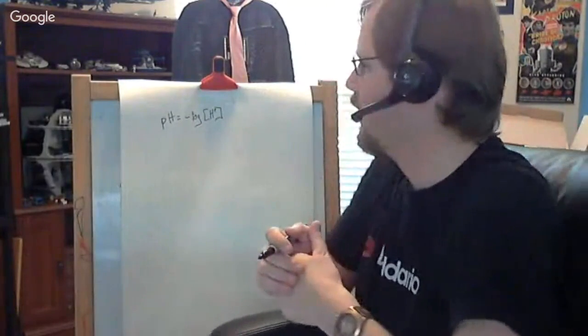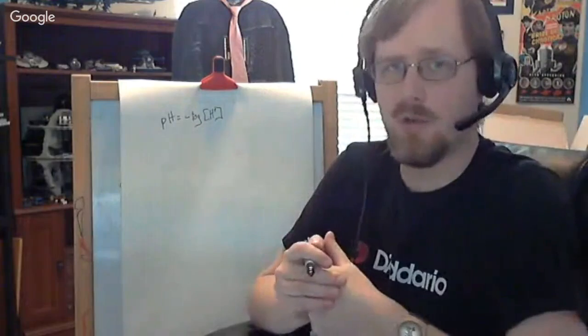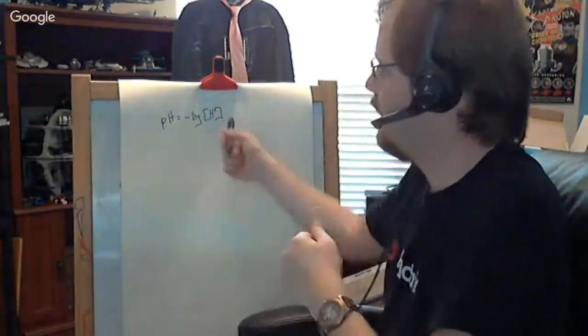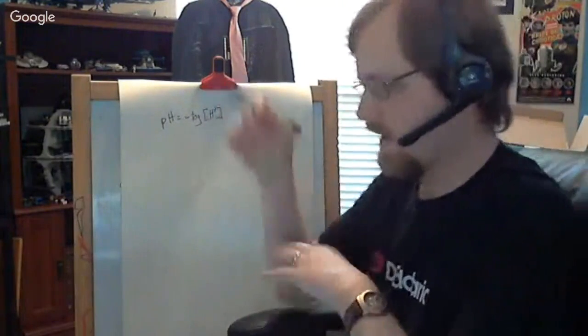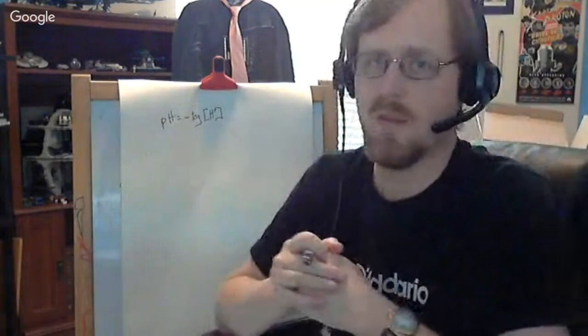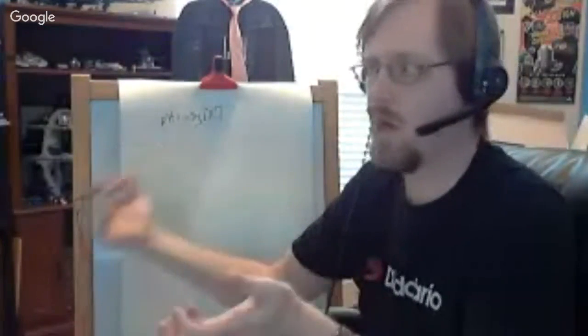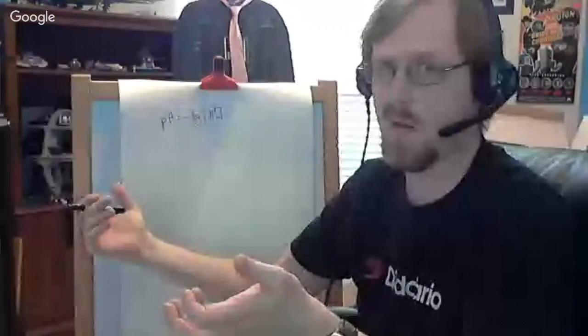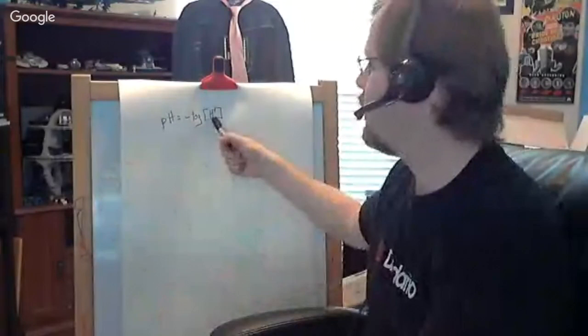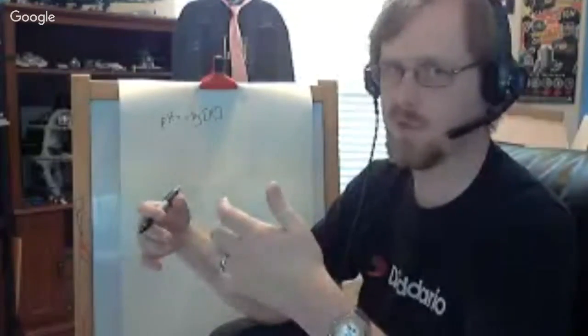But the good news is that instead of having to really worry about what this looks like mathematically, it's really all about using your calculator. It's knowing that log button. You start with the concentration, hit log, then hit the negative button to reverse the sign.